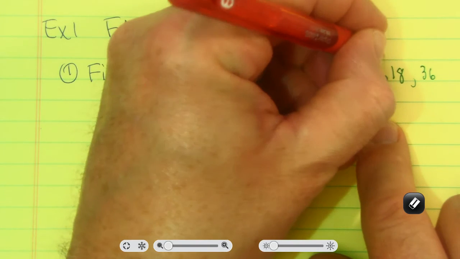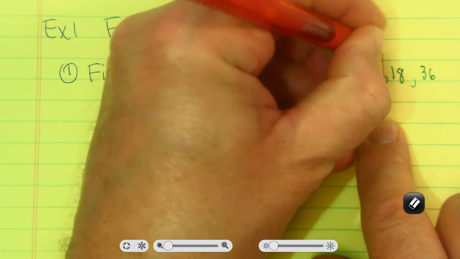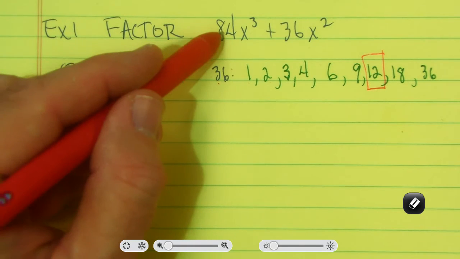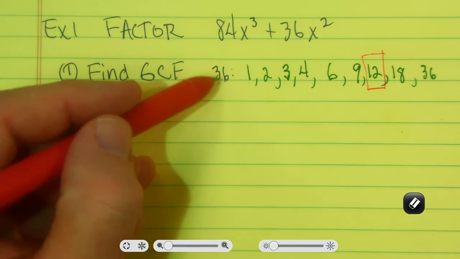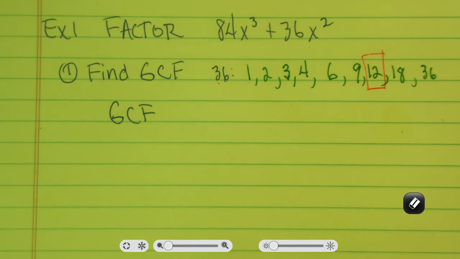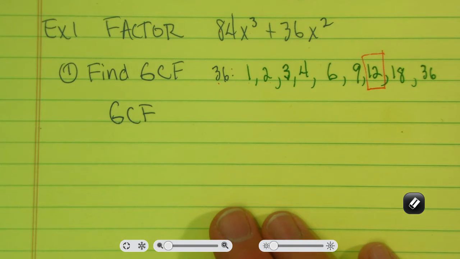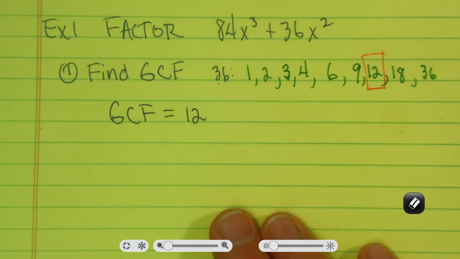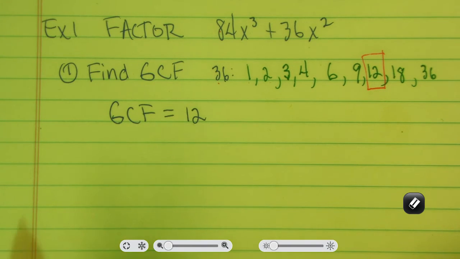Now remember, I'm trying to find the greatest common factor, the number that will divide both 36 and 84, and I want the greatest one. In other words, I want the largest one. All right. So the greatest common factor then is 12.